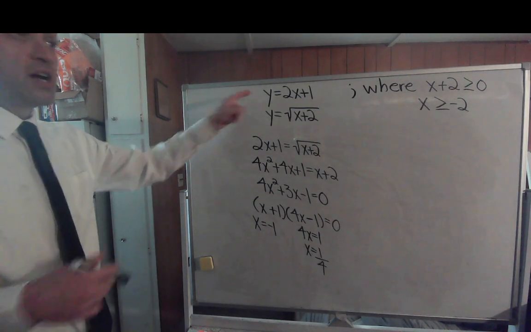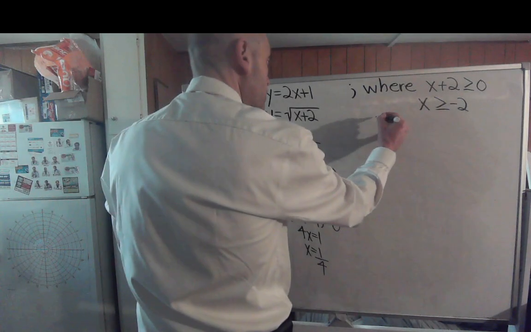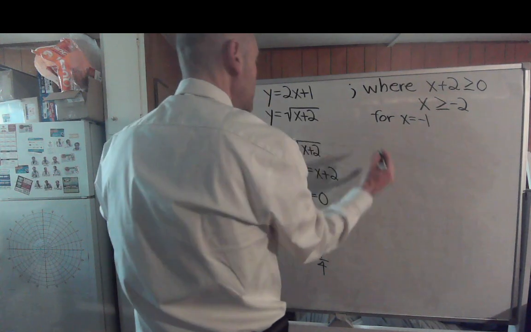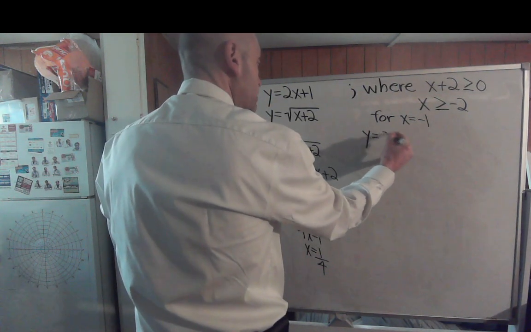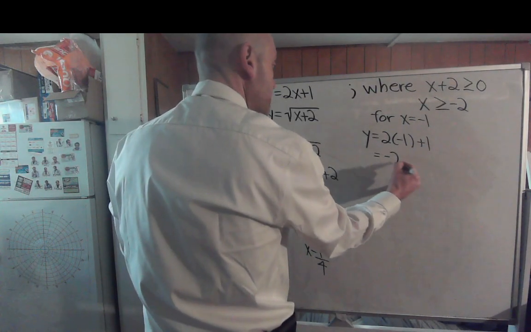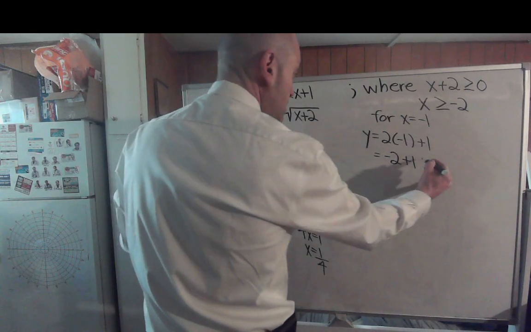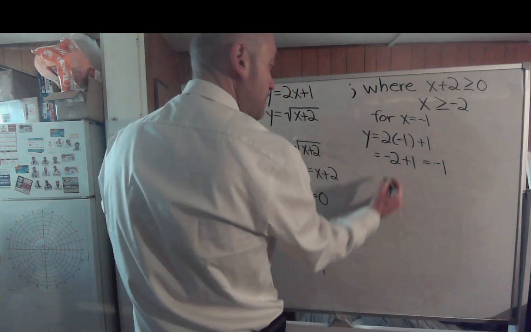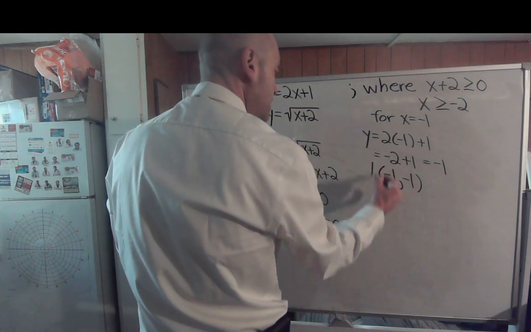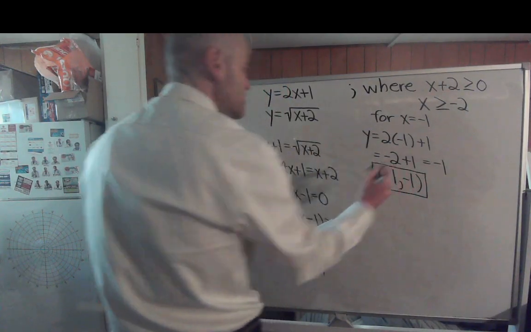Personally, I prefer the non-radical. So for x equals -1, you would get y equals 2 times -1 plus 1, which would be -2 plus 1, which is simply -1. So you should get an ordered pair of -1, -1 as one of your ordered pairs.